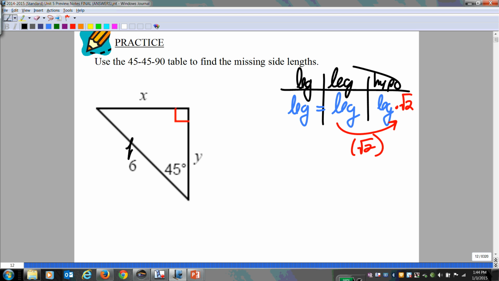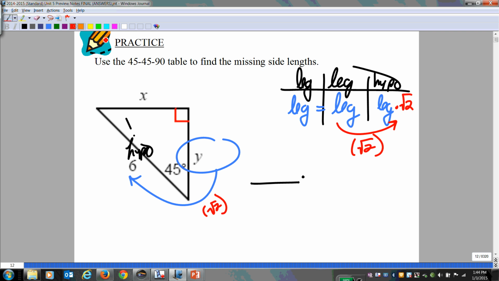Here we have the hypo, so we have to work backwards. So we go like this. Something times root 2 is 6. It reads like this. Something times square root of 2 gave us 6. So you had to backtrack there, and your answer should have been 3 root 2.